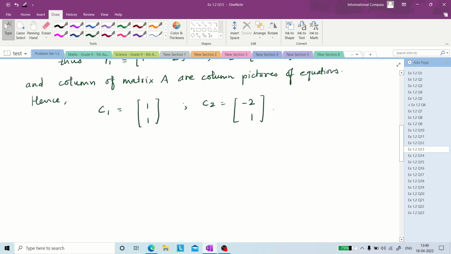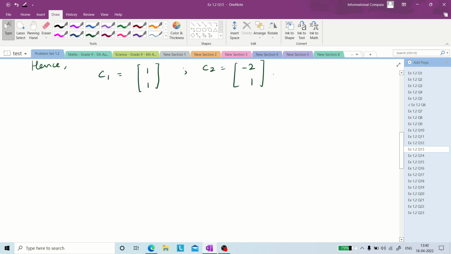So now what we'll have to do is draw the graph, right? We'll have to plot the graph. So yes, I've already drawn it for you, let's save time. So this is the row picture of equations. I'll put up the snapshot of the graph formed.